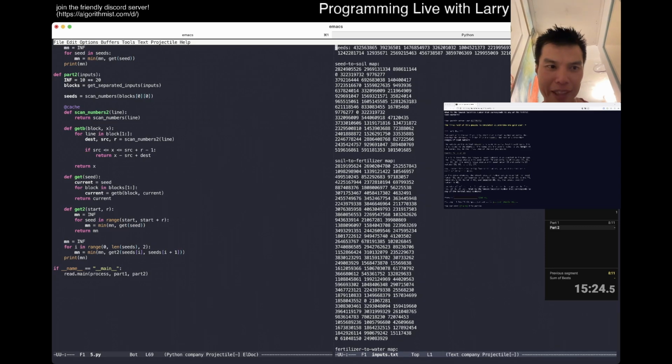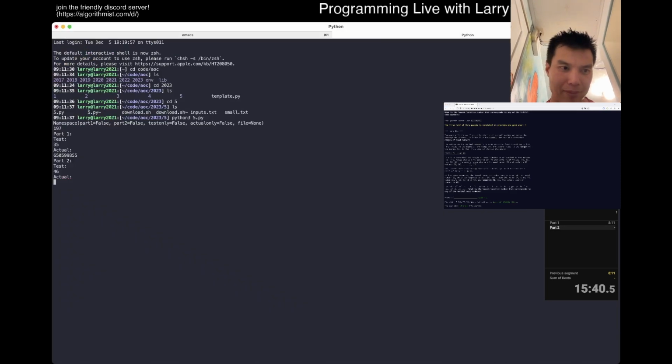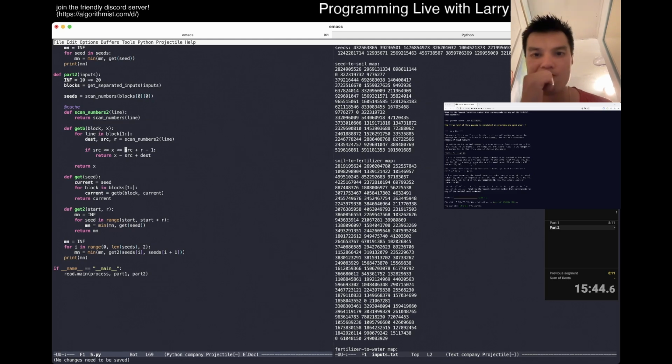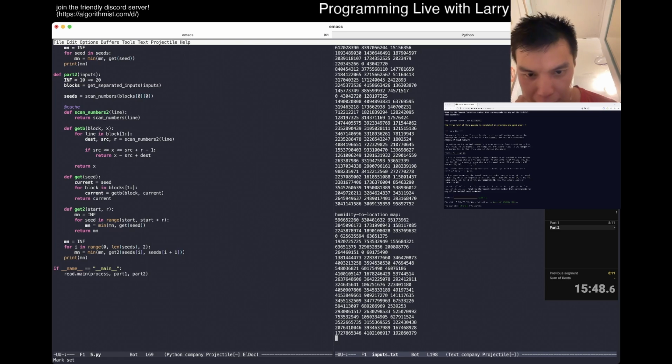It should still run in time if I'm a little bit faster about these inputs. Actually 618 million is a lot. Can I look at this backwards?